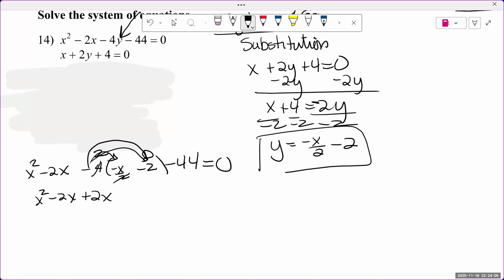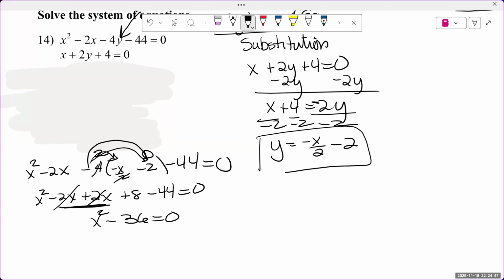Negative 4 times negative 2 is plus 8. Okay, so let's combine like terms. That is going to cancel negative 2x and positive 2x. 8 plus negative 44 is negative 36.